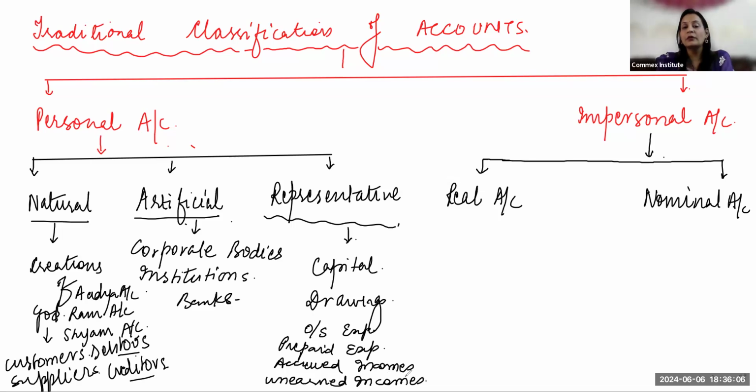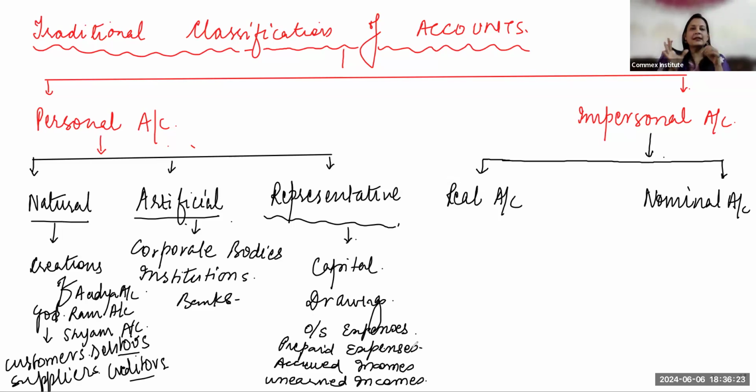These 4 terms always create problem, and you have to be very, very clear with these terms. No, stock, I'm coming to that. Stock won't be a representative account. Stock would be a real account. I'll tell you first, let's understand.